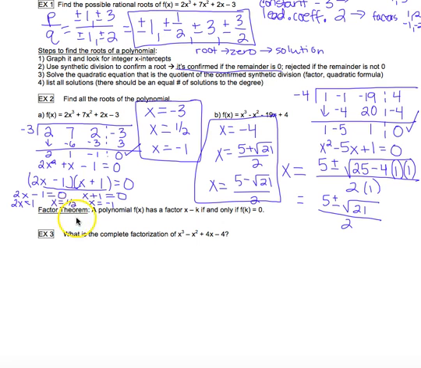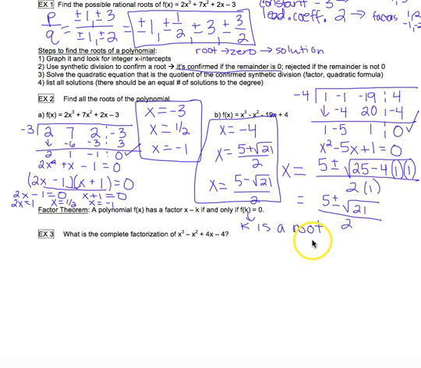All right, now the last part that goes with this is the factor theorem. The factor theorem says that a polynomial f of x has factor x minus k if and only if f of k equals 0. So what this says is k is a root, or k is a solution, or k is a 0. They're just reminding you that if k is the root, then x minus k is a factor.